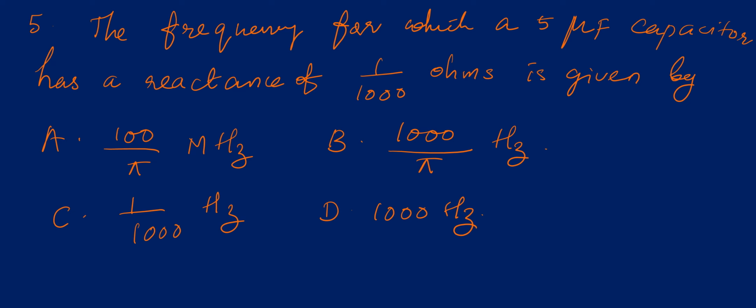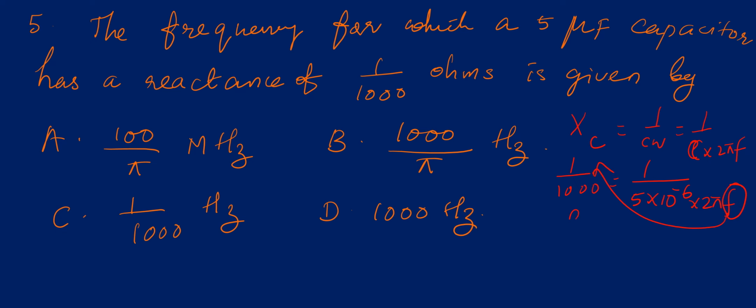The frequency for which a 5 microfarad capacitor has a reactance of 1 by 1000 ohms is given by? We know the equation. Capacitive reactance is 1 by C omega, or 1 by C into 2 pi F. We can substitute the value: 1 by 1000 equal to 1 by C, which is 5 micro, that is 5 into 10 raised to minus 6, into 2 pi F. We can find out F by taking it to the other side. F equal to 1000 will go to the right, that is 1000 divided by 5 into 2 pi, which is 10, so 10 into 10 raised to minus 6 is 10 raised to minus 5, into 5.